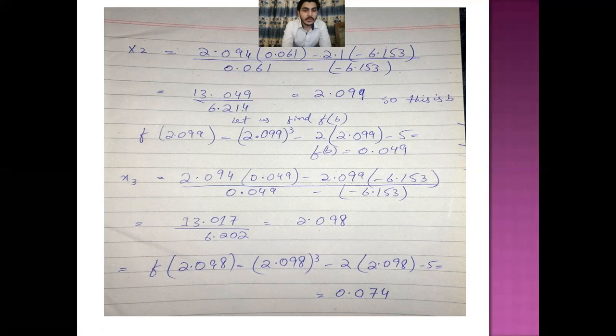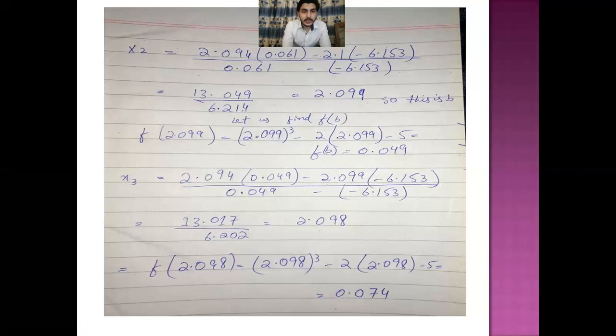So we are assuming that this is B. So let's move and make it to the function of B. 2.099, let us find B. So that will be put into the formula as previous. 2.099q minus 2, 2.099 minus 5 is equal to, the answer I got is, the function of B is 0.049.